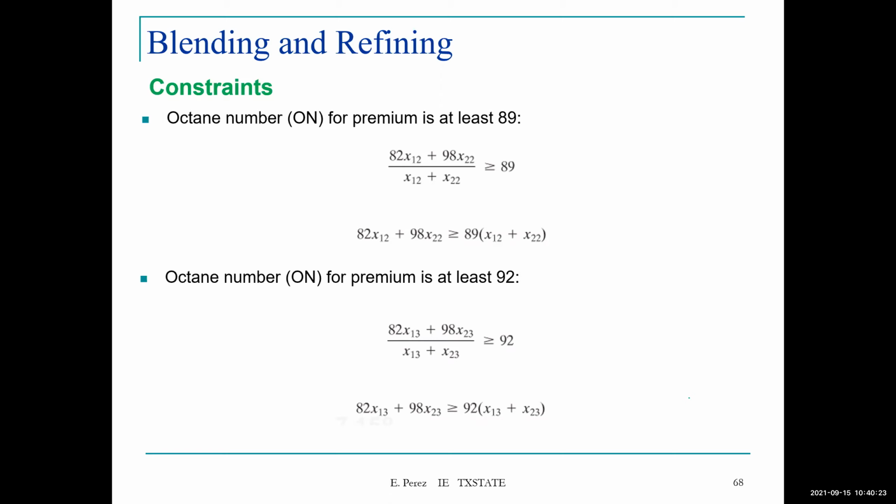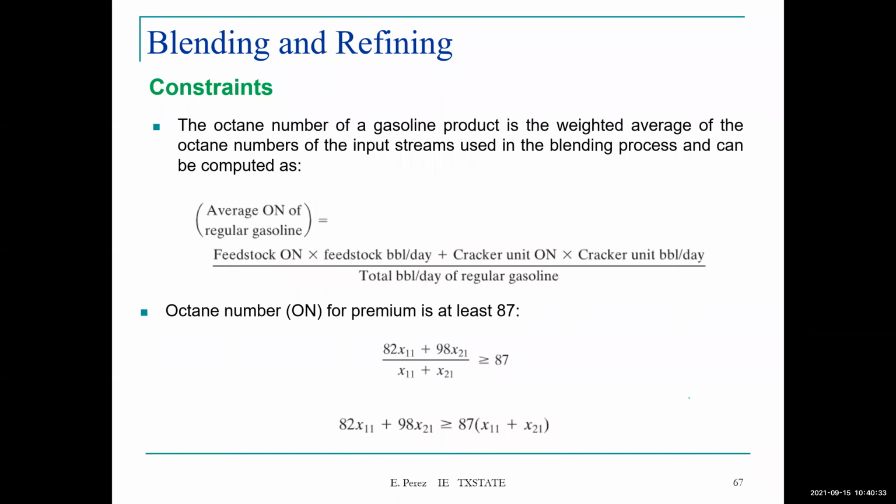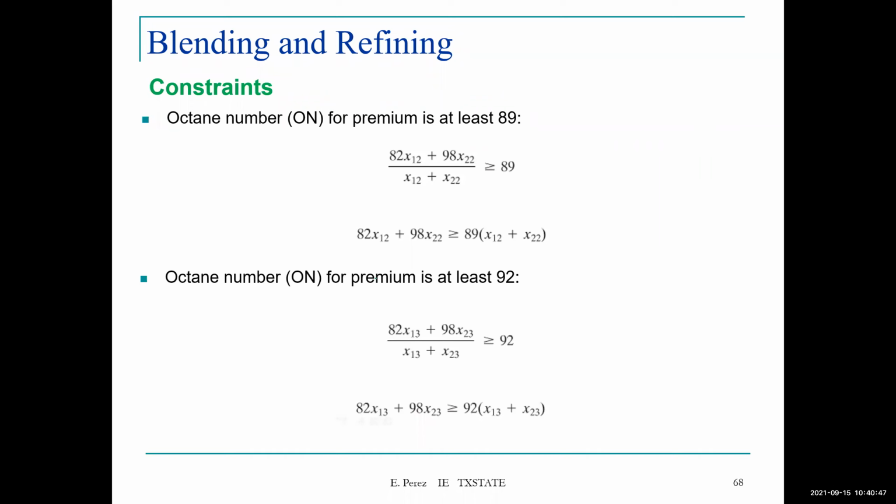We multiply X12 plus X22 on both sides. We do the same thing for, using premium, yeah, this should be regular. I'm sorry, that's a typo. This should be regular. This is premium and this is super.